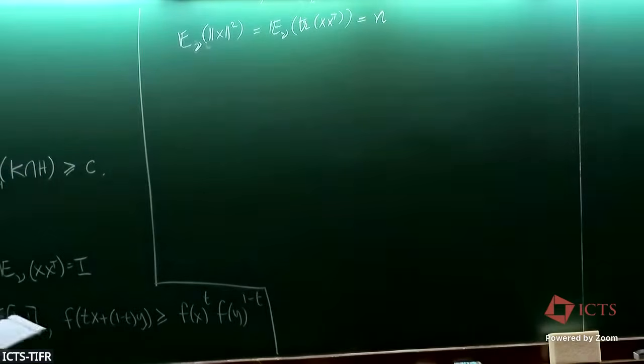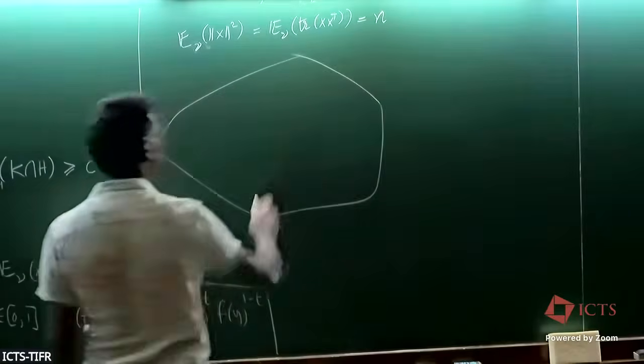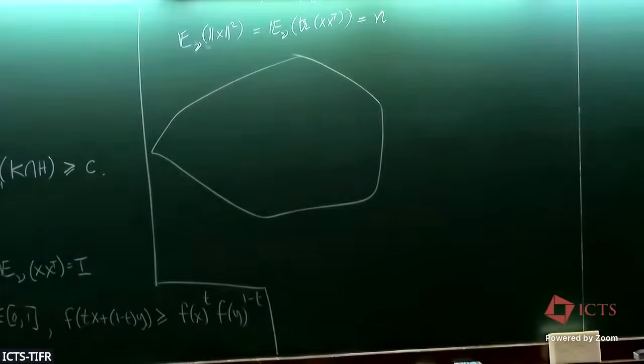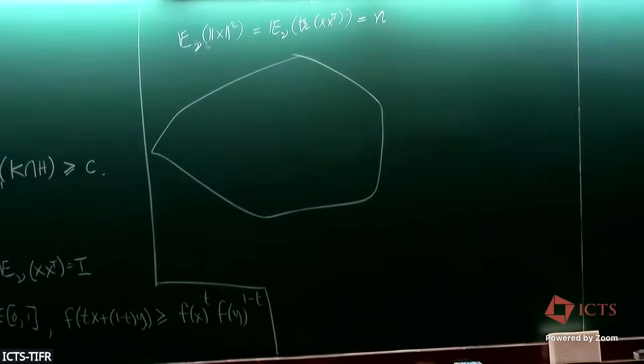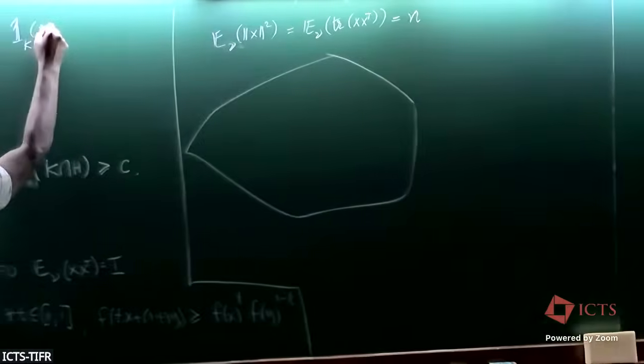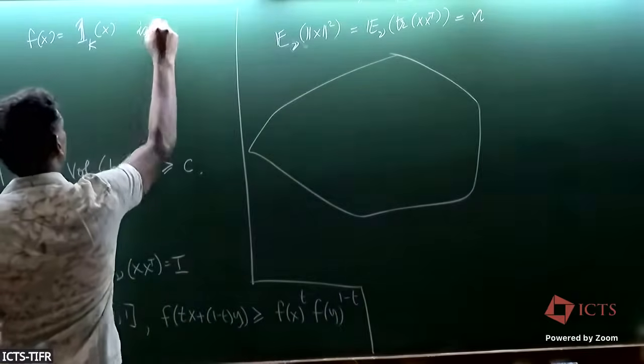But this is very nice because what it's saying is that, no matter what your distribution is, remember, an important, useful thing to note: convex bodies, the indicator function of a convex body is log concave. Right? So if I take the function f of x equal to the indicator function where A is a convex body, then this is log concave.